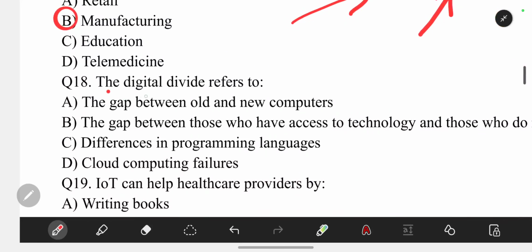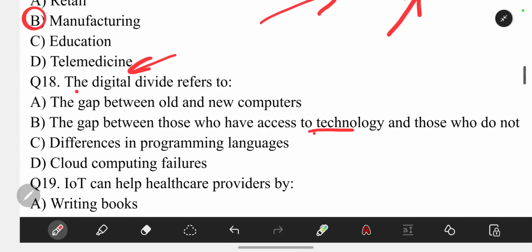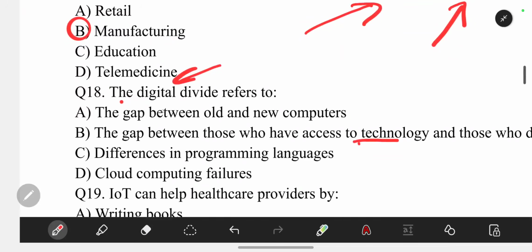18, we have the digital divide. Digital divide is not for computers but for people. So it is the gap between those who have access to technology and those who do not. So that is basically what digital divide is.